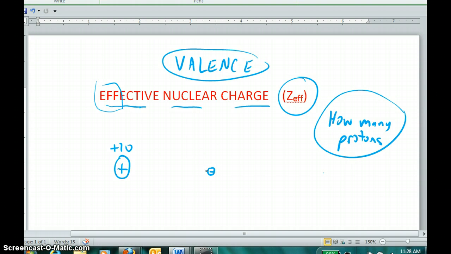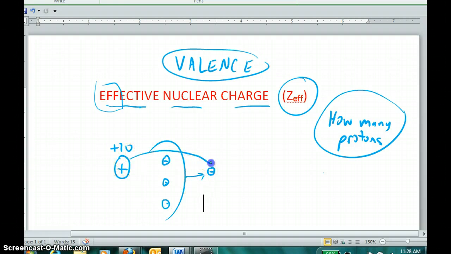However, there's another thing that helps mitigate that effect, reduce that effect somewhat, and that is other electrons. Because if there were other negatively charged particles between the nucleus and the valence electrons, these negative charges repel that negative charge.